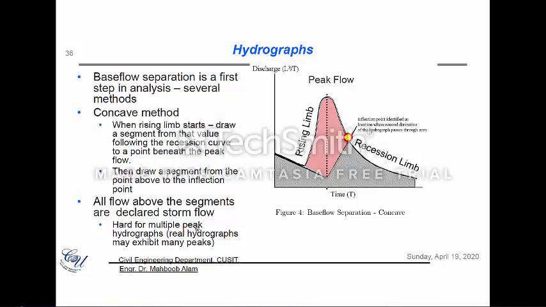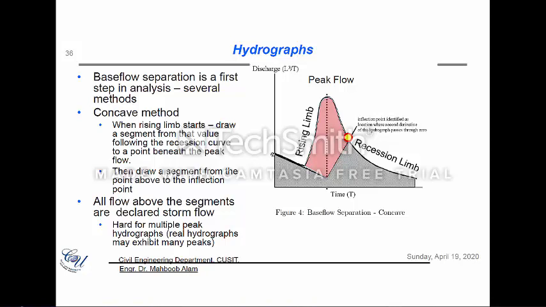Yet another method of separating the base flow is called the concave method. The concave method is simply again starting from the point where the discharge is increasing and reaching the point directly below the peak flow, starting in the same direction as your initial curve.